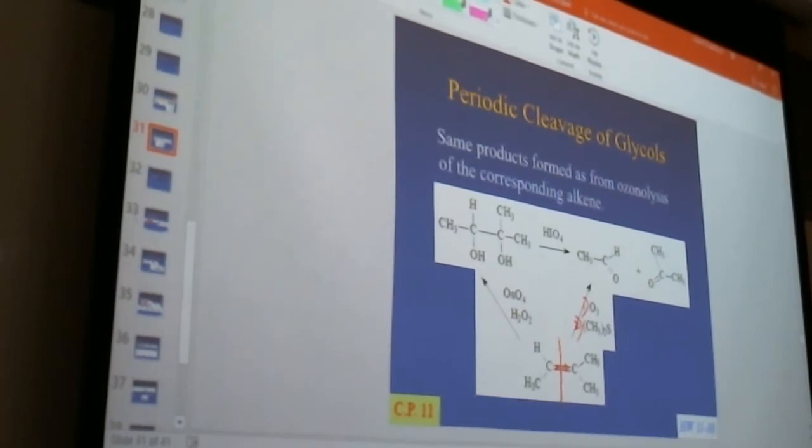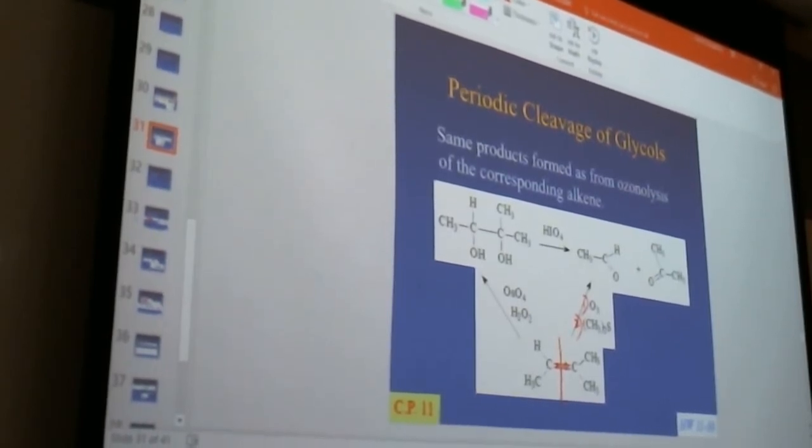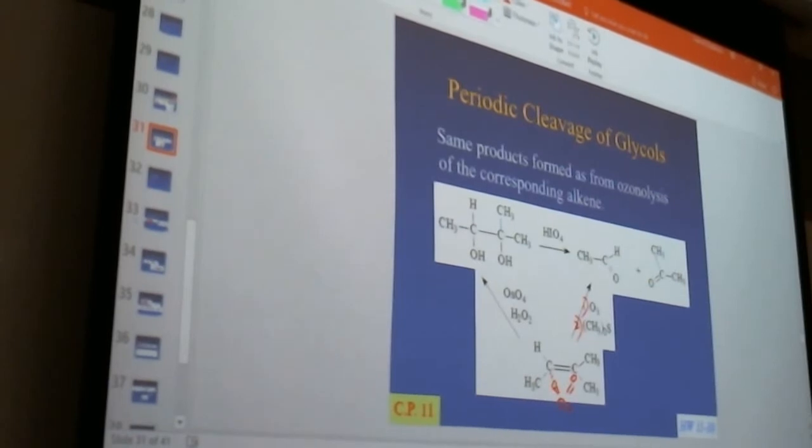Now, there's an alternate way that I can get to the same products from the same starting material. But that involves 2 different steps, 2 different reactions. The first one, which we also saw in chapter 8, was to add osmium tetroxide to this double bond. Osmium tetroxide is a metal that has a bunch of oxygen, that adds from the same side.